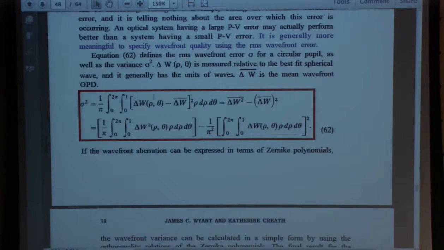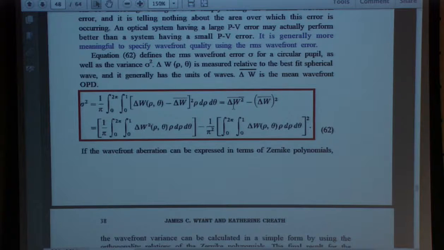And so we would just take the wavefront here. I'll subtract from that the average value of the wavefront. We'll square that and integrate that over the pupil. So if we kind of look at this, what does this calculate here?